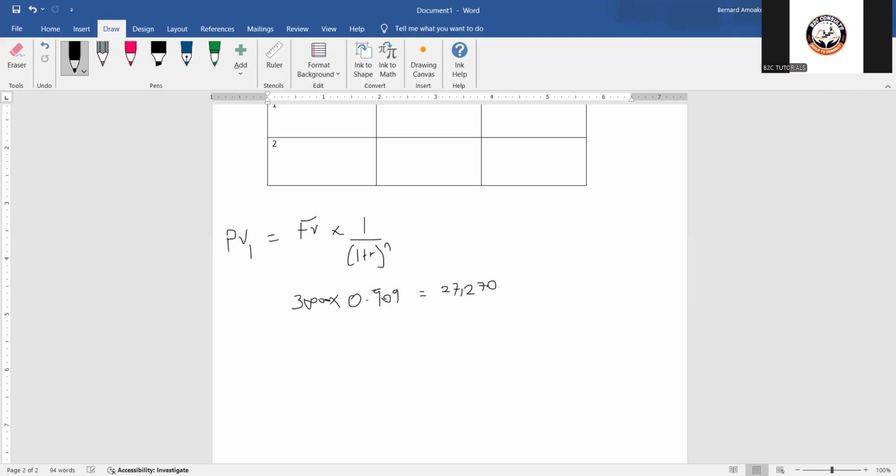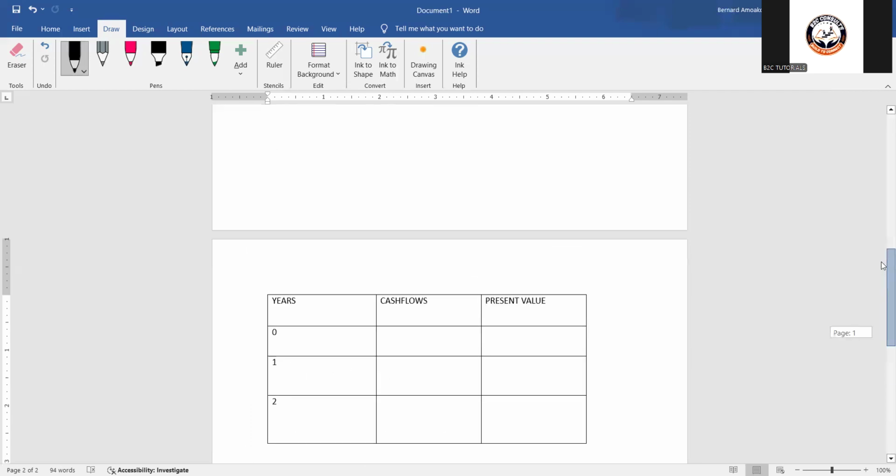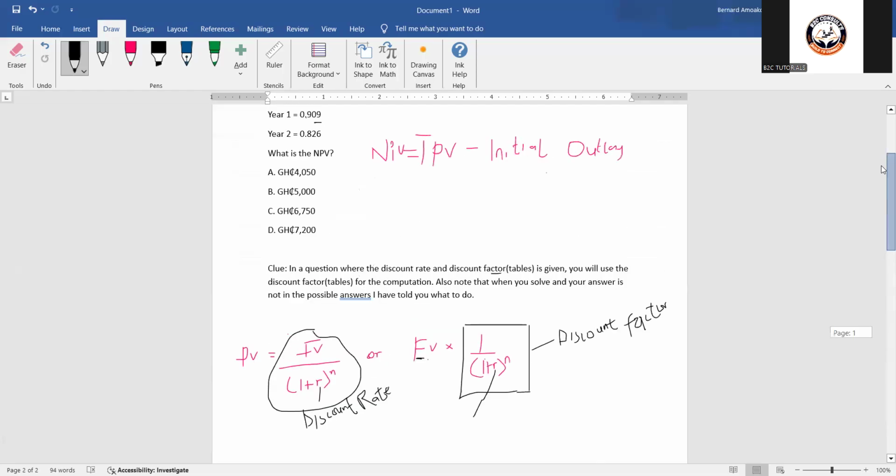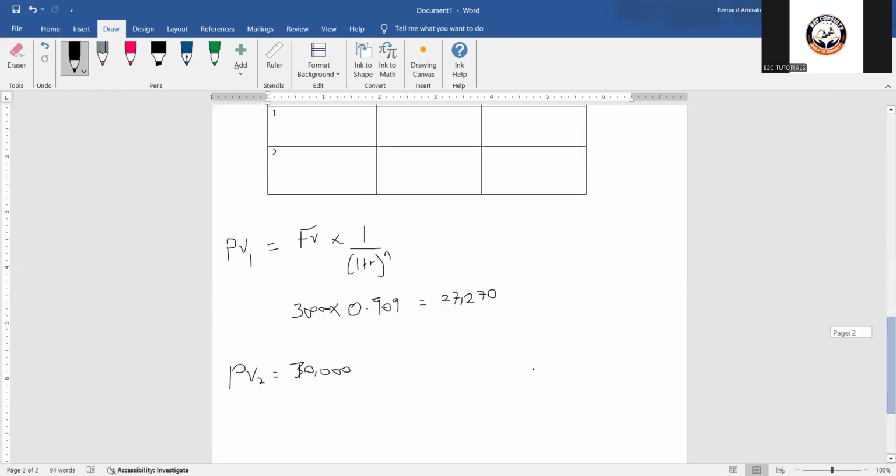How about year 2? So present value for year 2 follows the same trend. We are using the discounting factor, so it would be the future value of 30,000 multiplied by the discount factor at year 2, which was given to you in the question as 0.826.